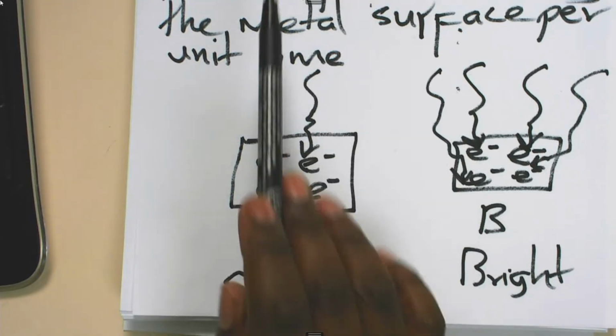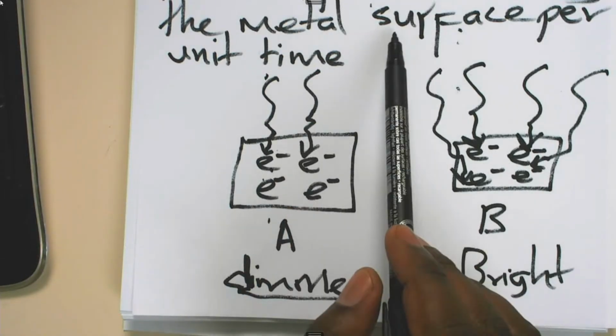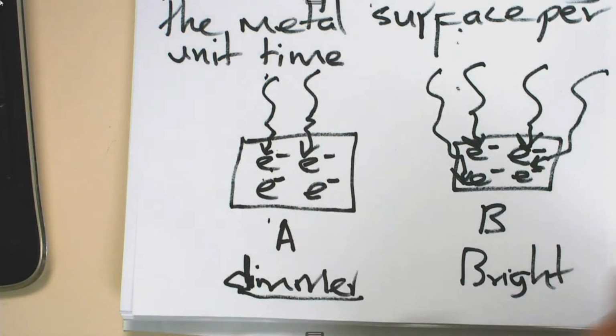So increasing the intensity of the light increases the number of photoelectrons released per unit time.